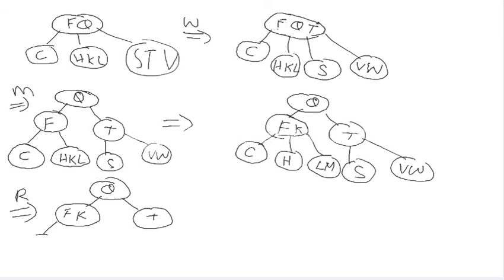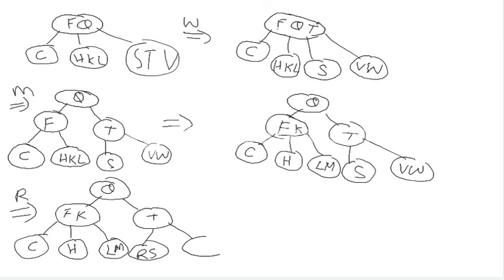Which is next? After R we have N, P, A. N. So where will N go? L, M. So to the right of this M, so that is safe to add.